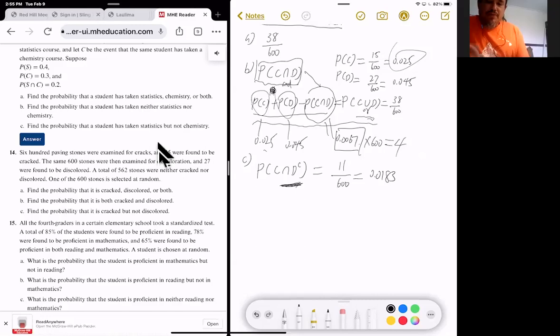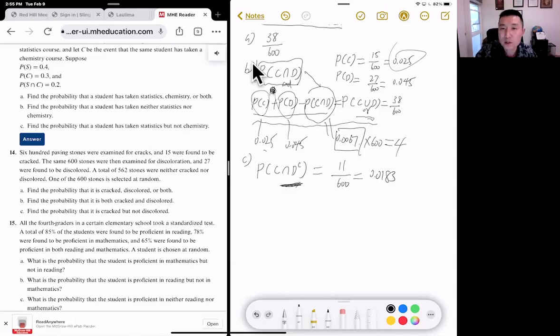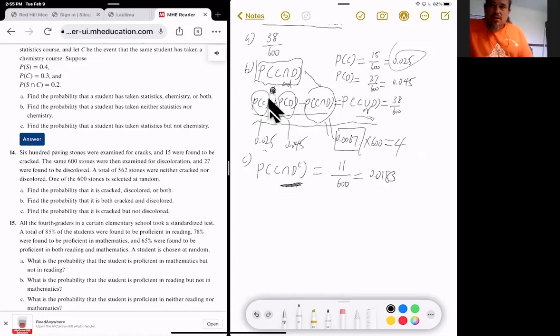And then because we know what P(C) is from the previous question, and we know what P(C and D) is from the previous question. There's definitely more than one way to resolve the question.